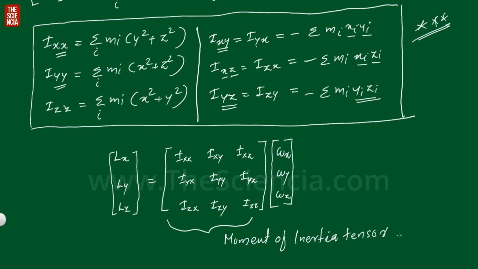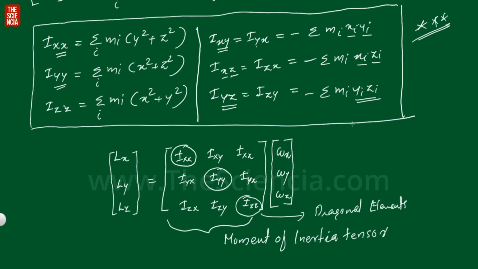Okay, so it has 9 components. These are the 9 components, and these are the diagonal elements Ixx, Iyy, Izz, and all others are off diagonal elements.